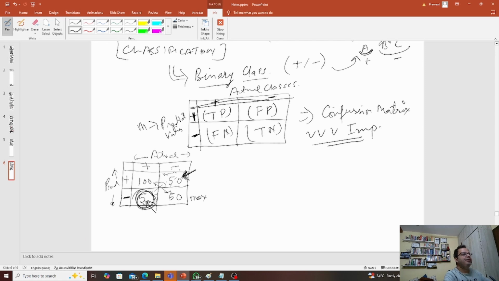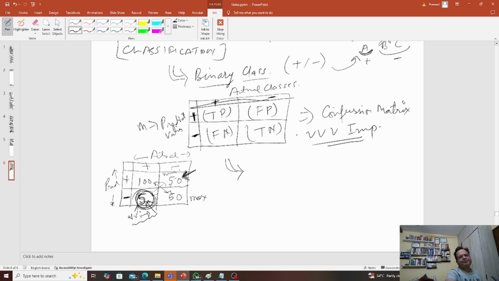But if I have to pick one of these two, what is more important? This value is very, very important. I cannot predict a value as negative or non-cancerous when it is actually cancerous. So it depends on scenario to scenario. You need to understand what is most important to you.